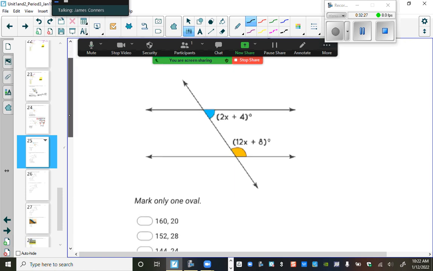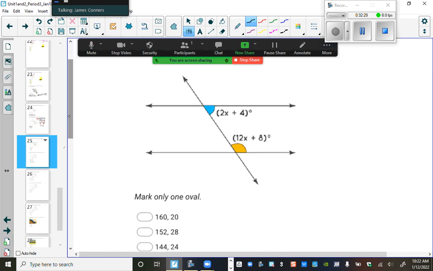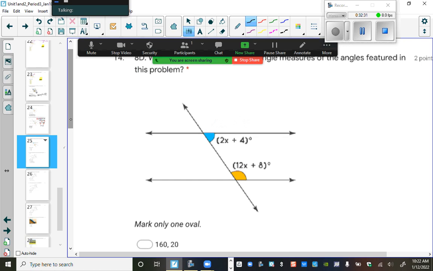We will have two different angle measures here. So if we plug in x equals 12, remember you have to do it for both now. I will show you.